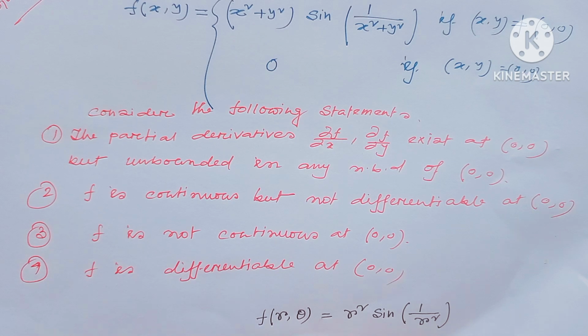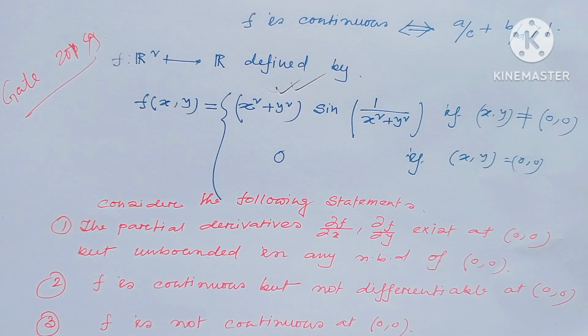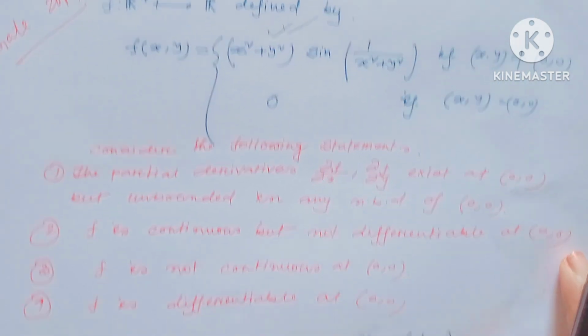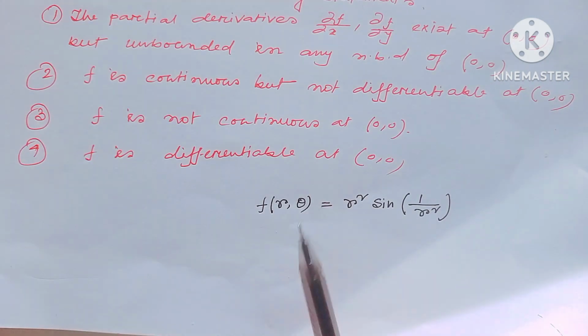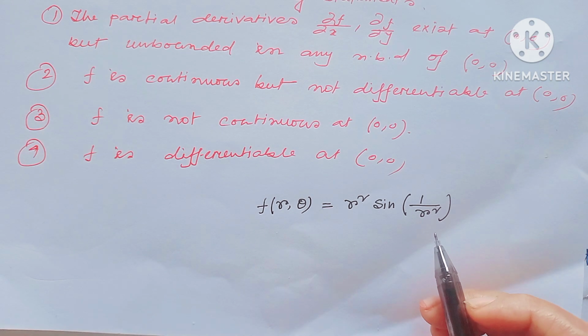At first check continuity. For this type of function, putting in polar coordinates is the easiest method. Put x equal to r cos theta, y equal to r sin theta. Then this reduces to f of r theta equal to r square sin 1 over r square.